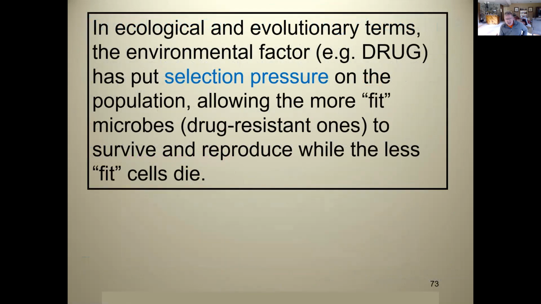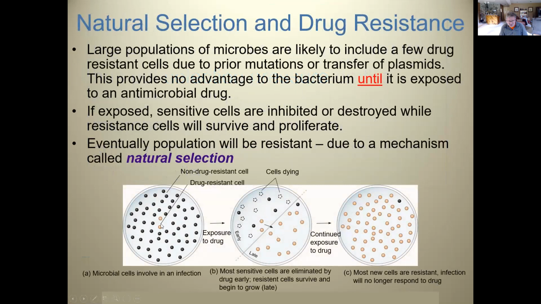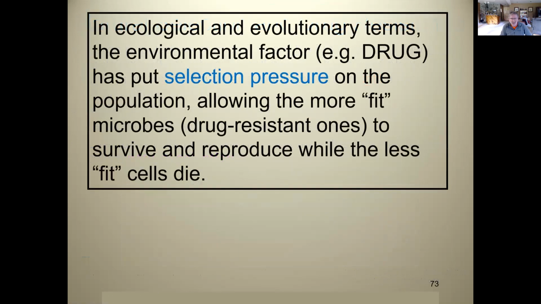And so when we talk about exposing bacterial populations to drugs, we are really talking about putting what we call selection pressure on that population. So the exposure of the population to the drug is what allows those that are more fit, evolutionarily fit, in other words, they are able to survive, these gray guys, they're the more fit cells, as opposed to these that are less fit and will succumb to the action of that drug.